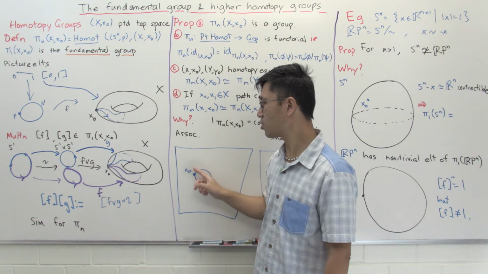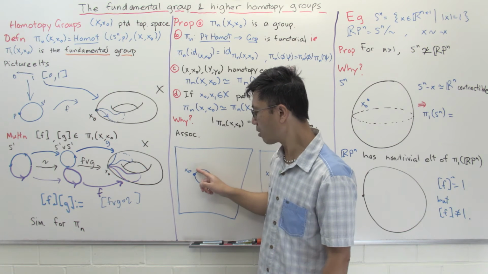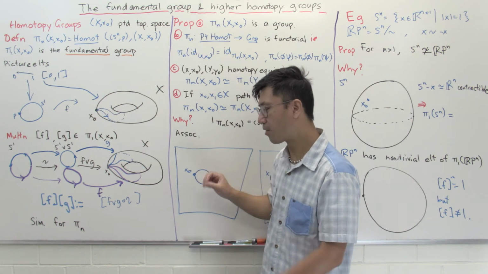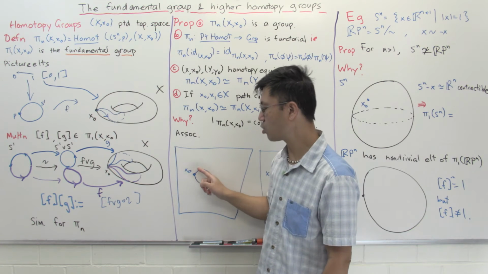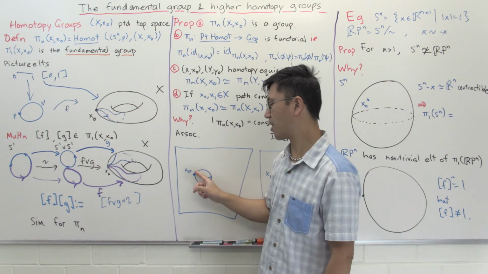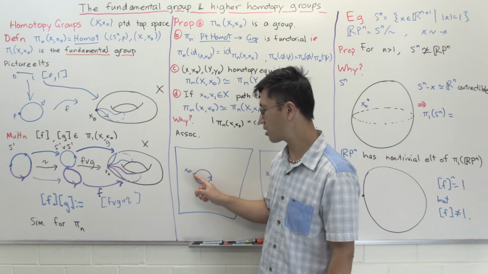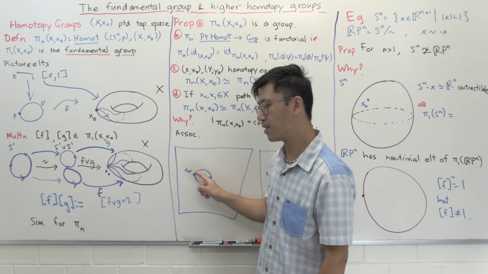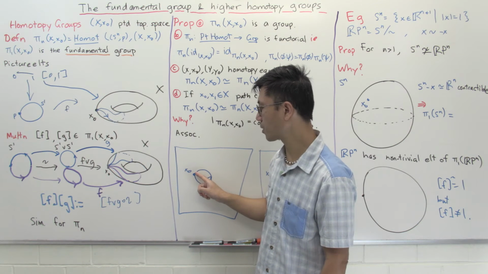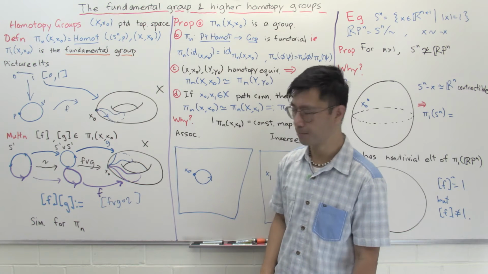The key thing is basically the image of this path and deformations of it. You can change the rate at which you traverse around this to see that these two are the same. So this loop here is the same as if you go around like this and then stay there for a short while. So that's why that's the identity.